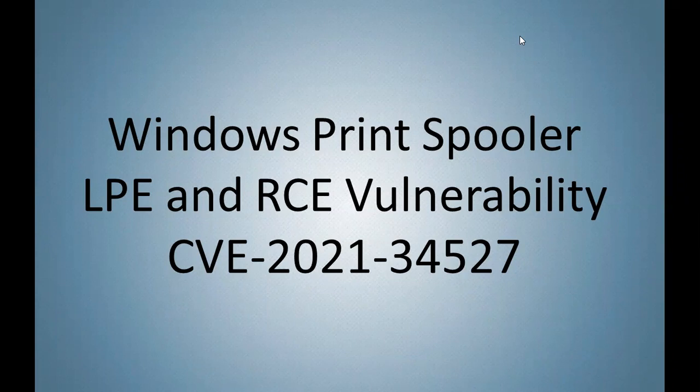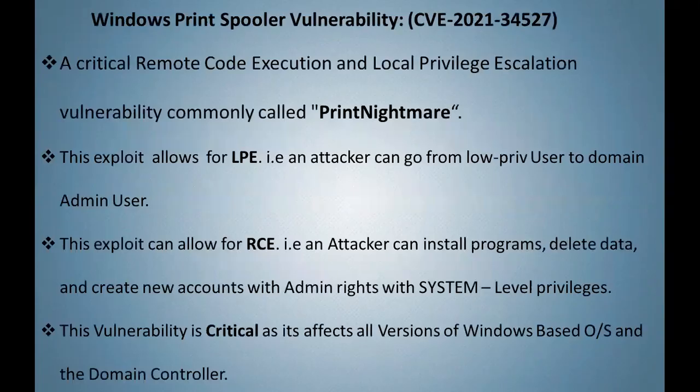Let's establish a few pieces of information about this vulnerability before we go on to our lab. The vulnerability can be used to carry out local privilege escalation and also remote code execution. It is commonly called PrintNightmare, right?